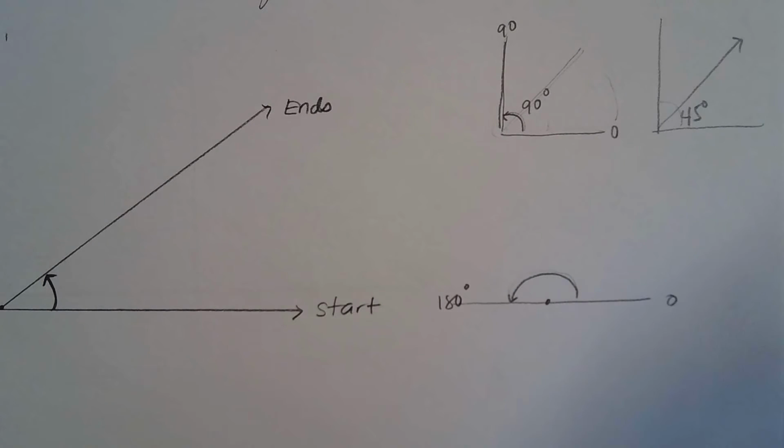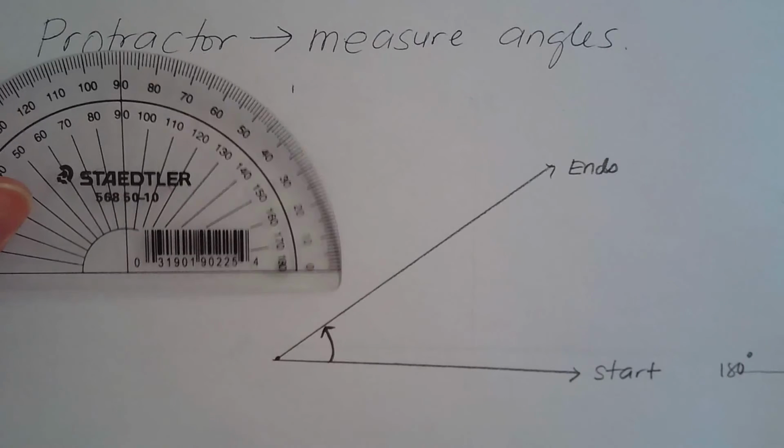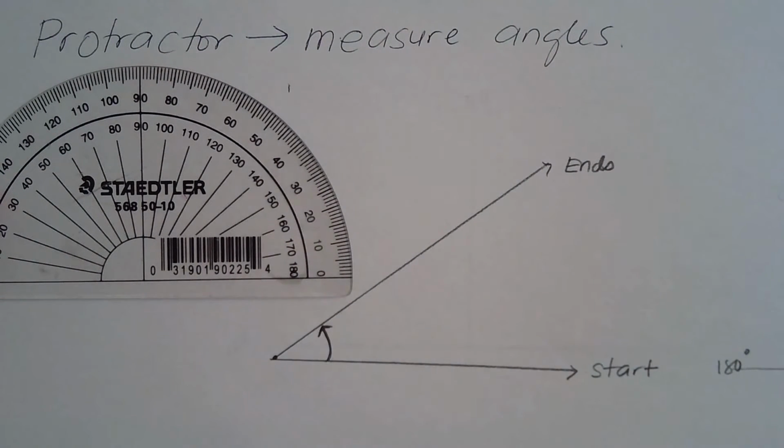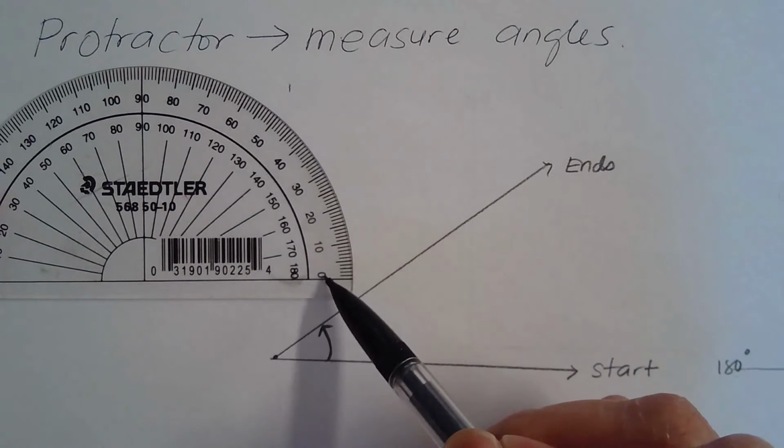Okay, now let's take a look. You think 50, okay, so what did you say earlier? 45? Okay, so you're saying about 45 degrees. So let's see. Now, before we measure this, remember when we're using a measuring device, we always start at 0.